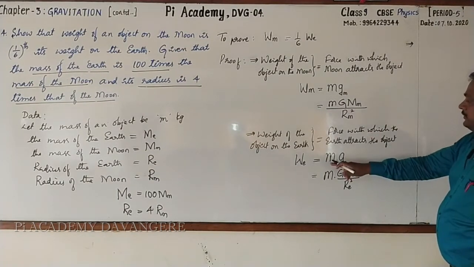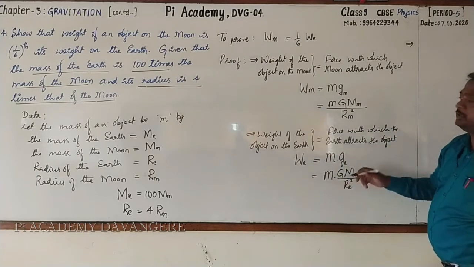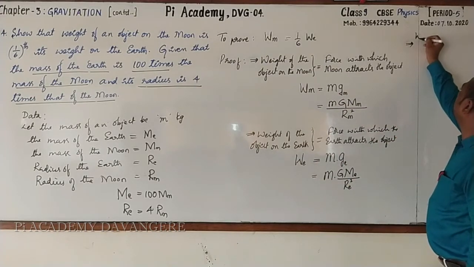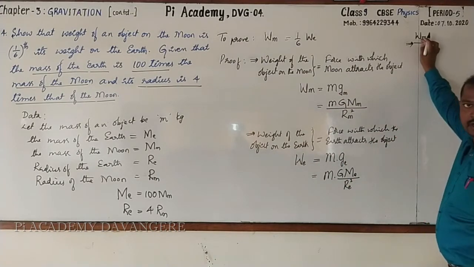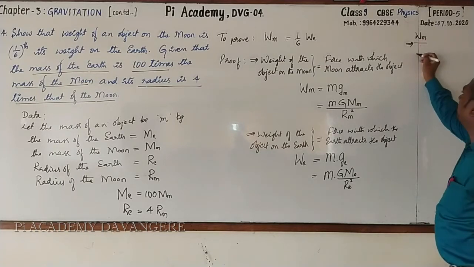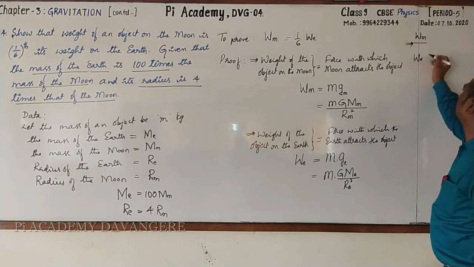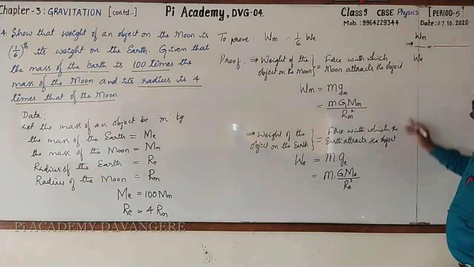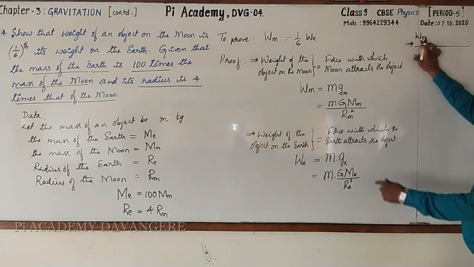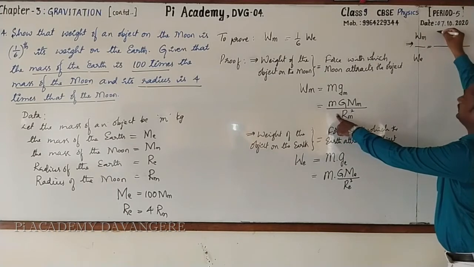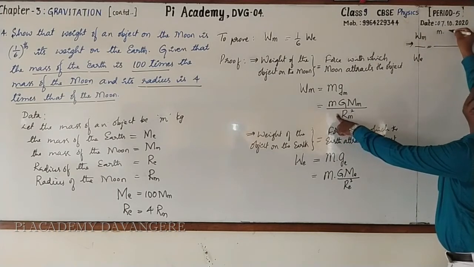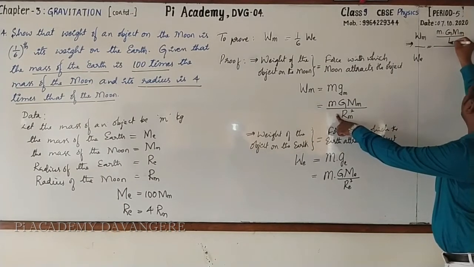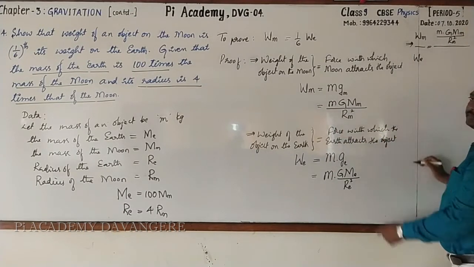Next, let me go for continuing here. This is WM by WE, that is weight of the object on the moon by weight of the object on the earth. Weight of the object on the moon is m into G Mm by Rm square.